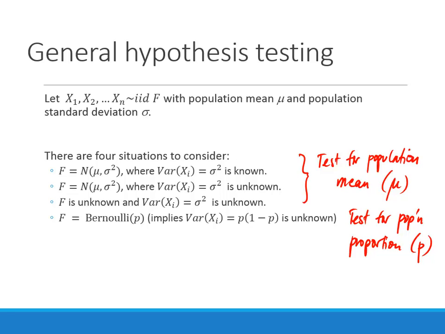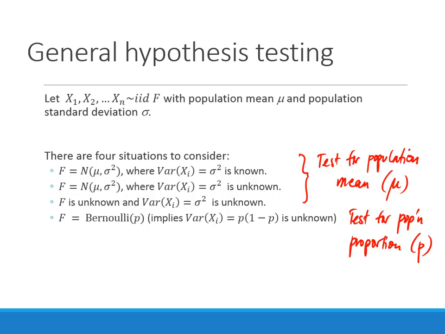And again, these first 3 situations are exactly what I just said for the confidence intervals. First of all, we know that the distribution is normal with known variance, sigma squared. Then we have a normal distribution where sigma squared is unknown. And then for the third one, we don't know what the distribution is, and we don't know what the variance of the individual observations is. So this framework should feel very similar to what we just talked about in Chapter 7.